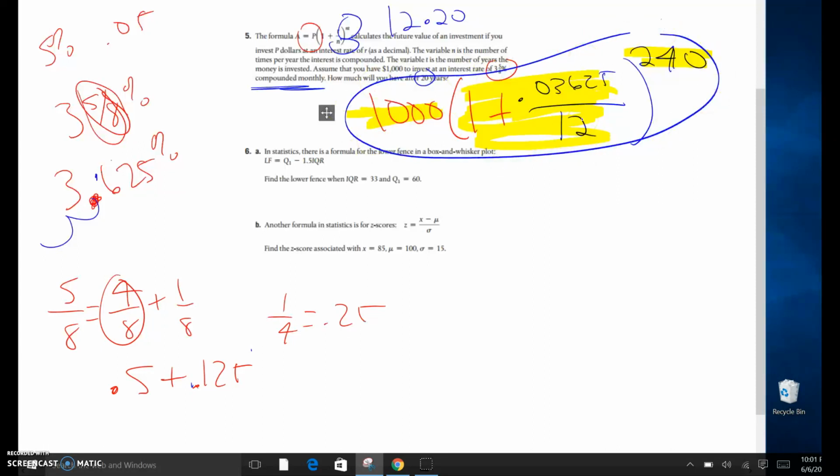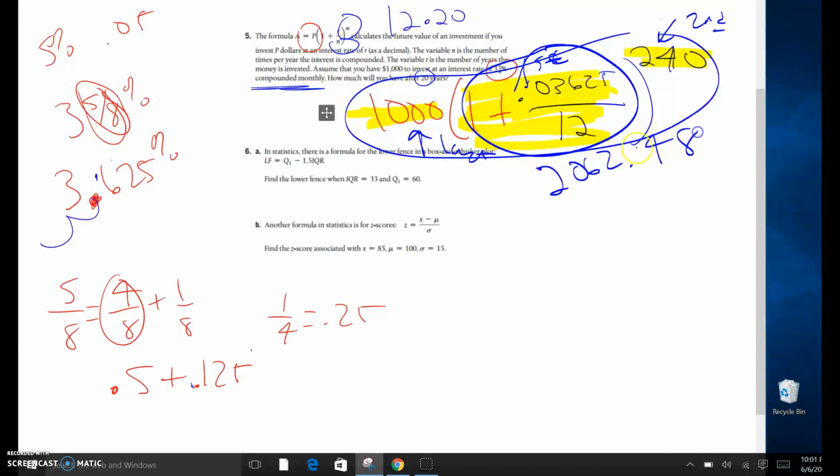But if not, you're going to have to do this part first, then this second, and then this last. You should end up getting an answer of 2,062.48. And again, we usually round to the nearest penny.